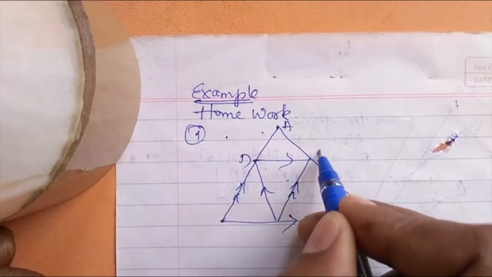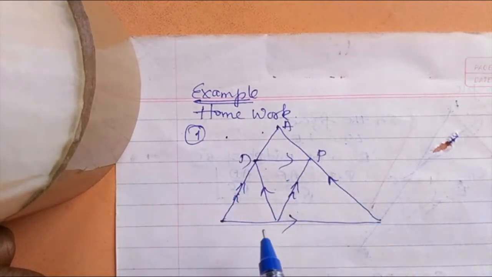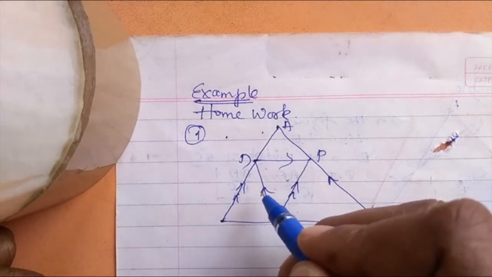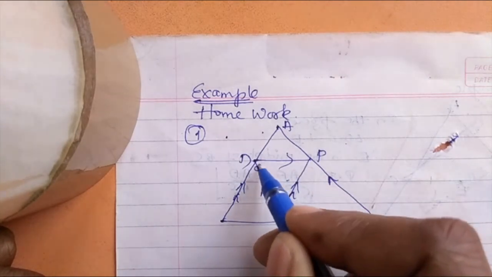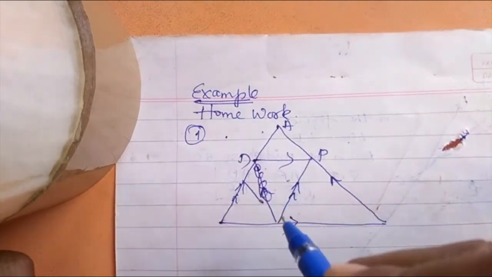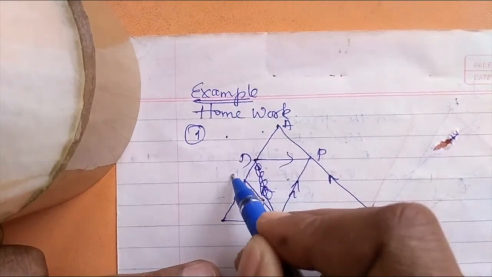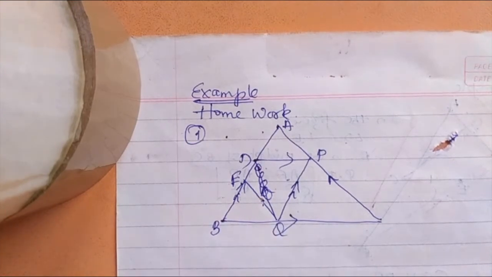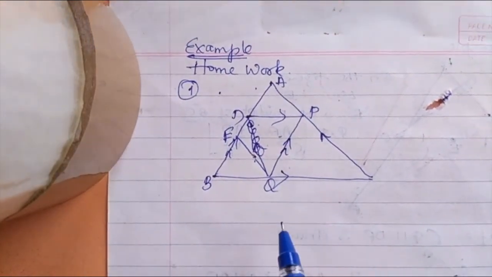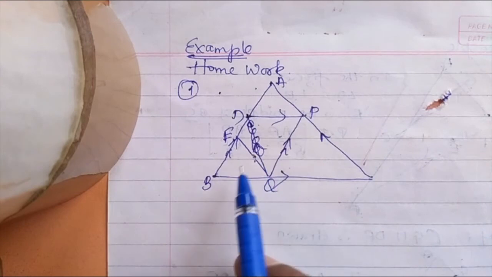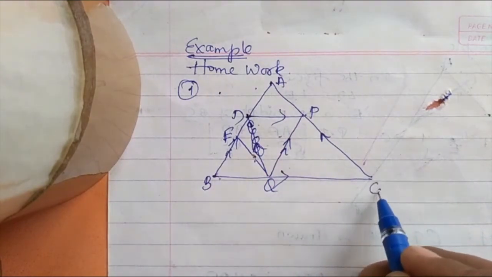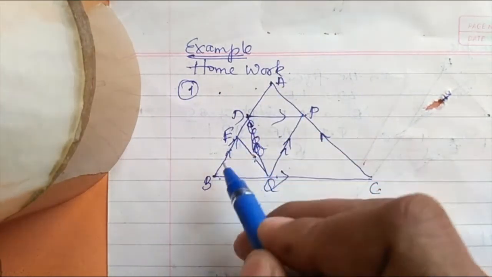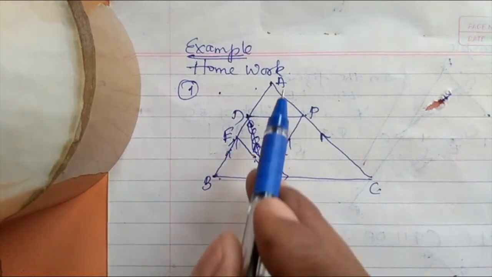There are three sets of parallel lines here. That is DP parallel to BC, PQ parallel to AB, and even EQ parallel to AC.